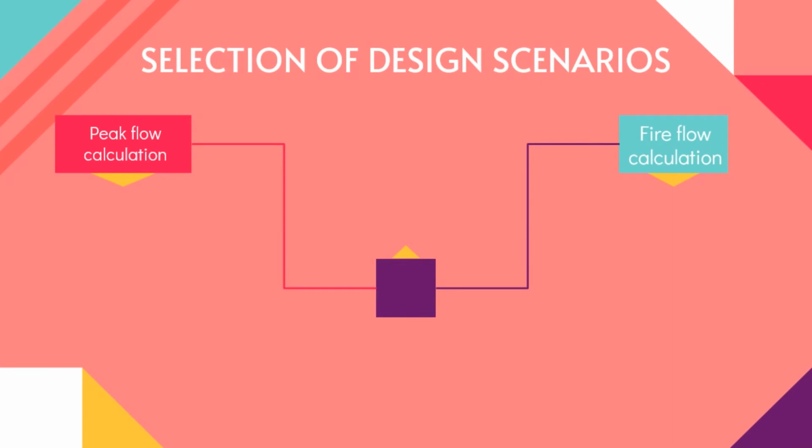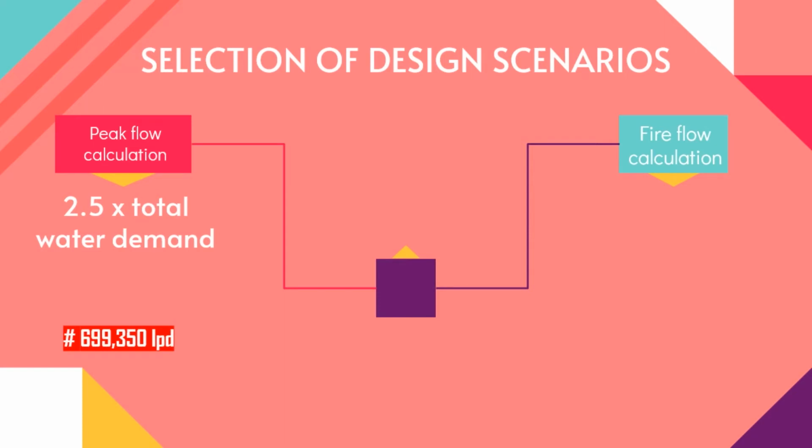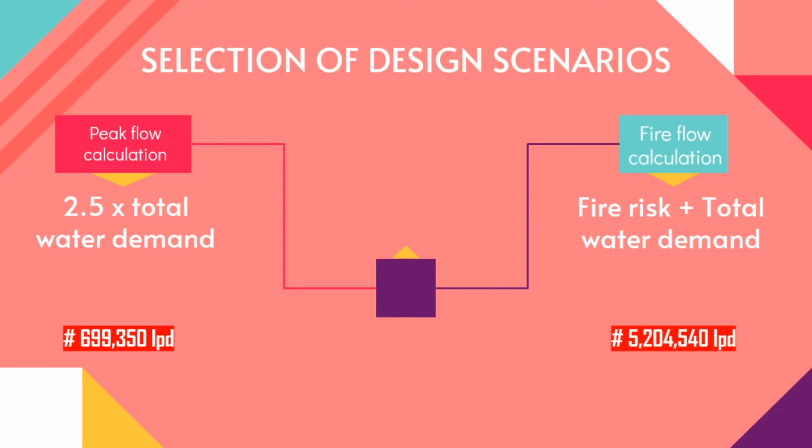Selection of design scenarios. At this point, I need to calculate the peak flow and fire flow. For peak flow, 2.5 needs to be multiplied with the total water demand, and I got almost 700,000 liters of water per day. Next, for fire flow, the total water demand needs to be added with the fire risk, and I get more than 5 million liters of water per day.